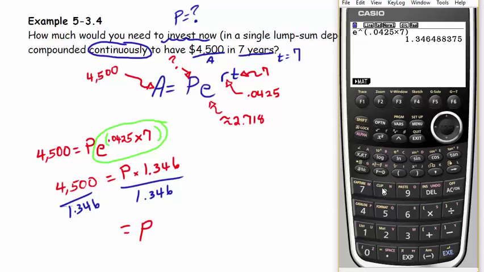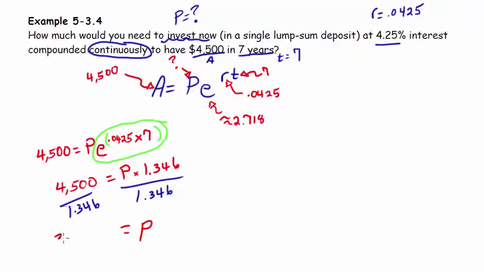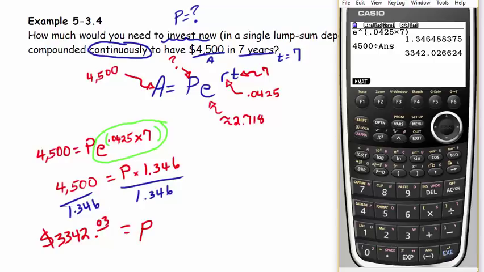So I'm going to take my $4,500 and divide it by second answer, the unrounded constant here, and we get that we would have to invest $3,342.03. All right.